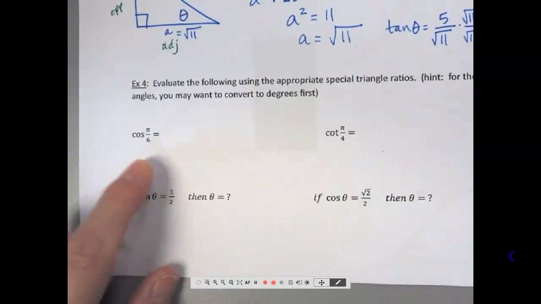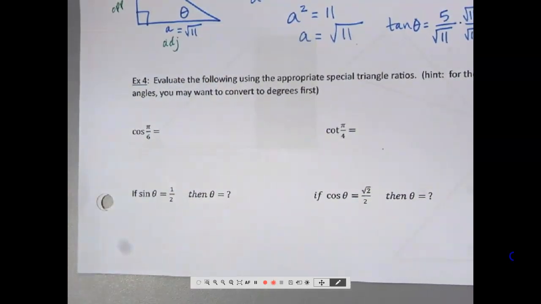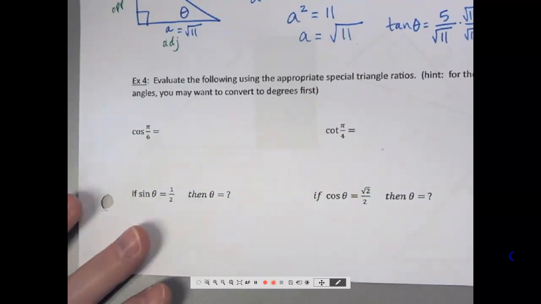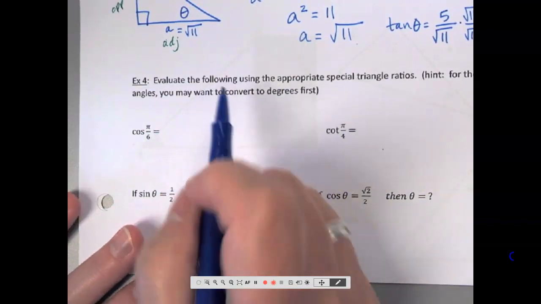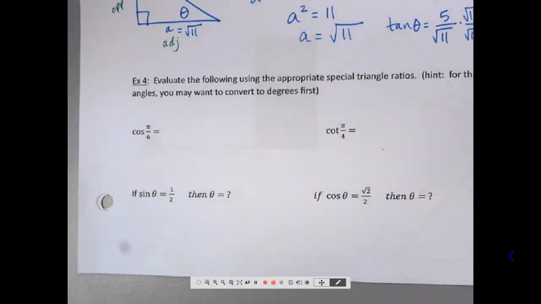So how much is pi over 6 in degrees? That's what we did yesterday. How would I find that? Use your formula. Which formula? How do I convert pi over 6 to degrees? Look at that yellow sheet.